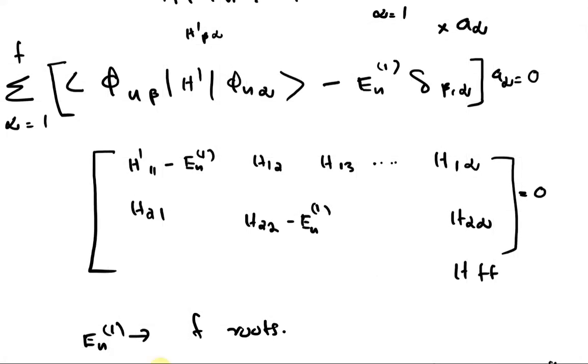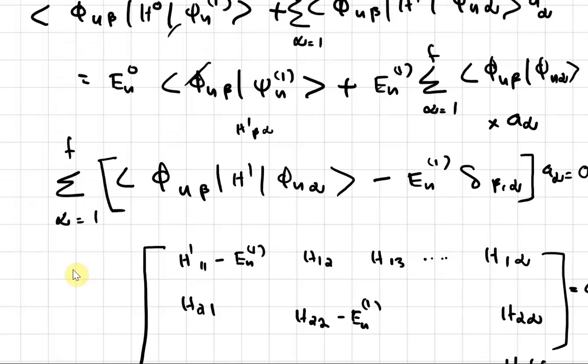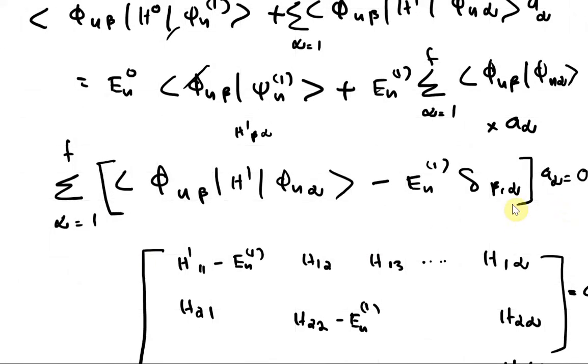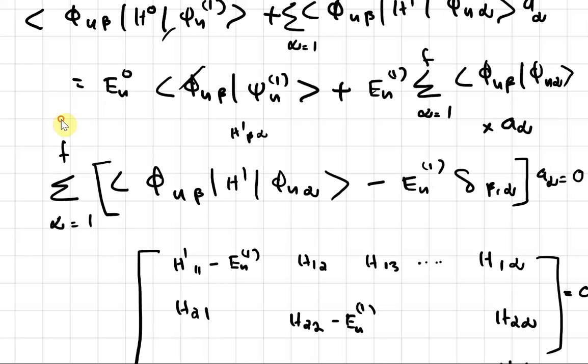And once we find out this E_n^1 after doing this whole process, how do you find out your a alpha? You can find out a alpha from this equation, right? This is involving a alpha.